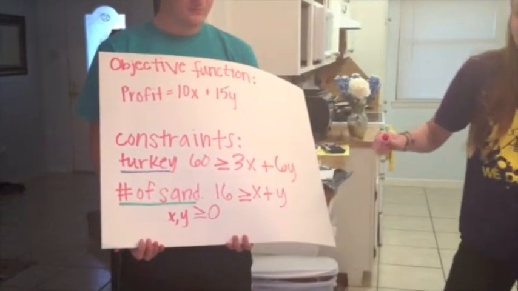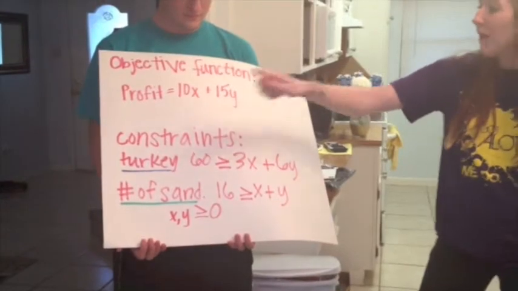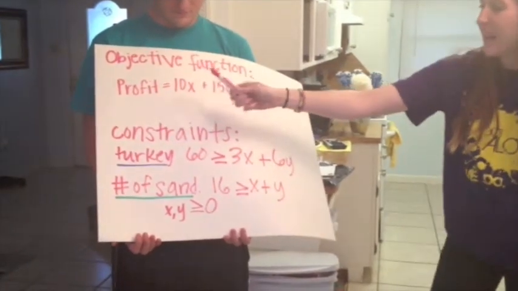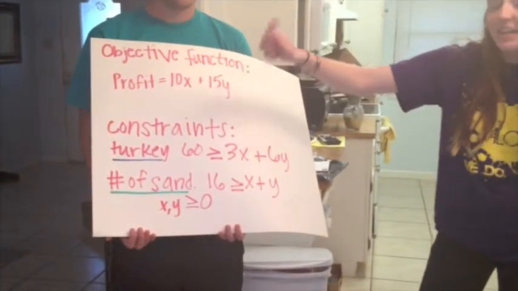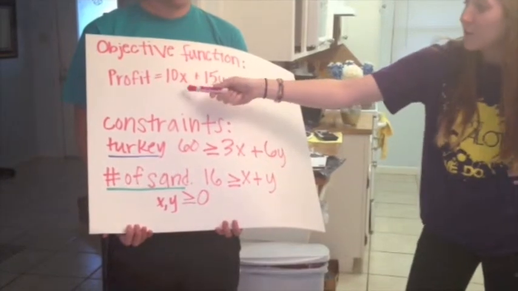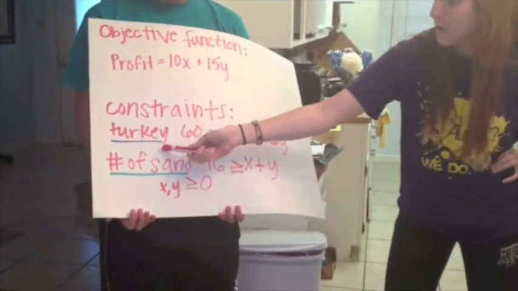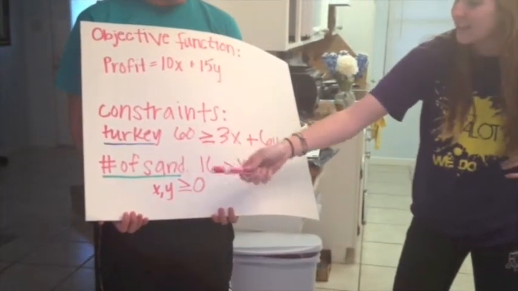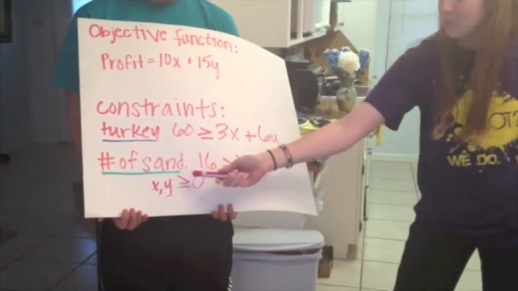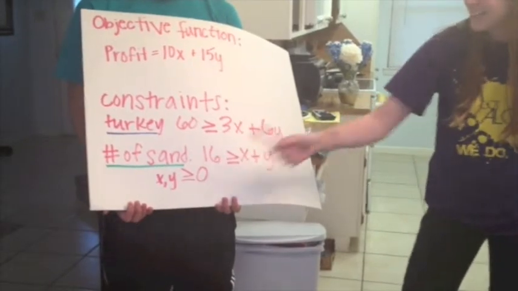So remember that for this problem, we are trying to figure out the highest profit we could obtain if we sold single sandwiches for $10 and double-decker sandwiches for $15. Our constraints were the amount of turkey, we had 60 slices, and then the number of sandwiches we could make before going to class, and we had 16.